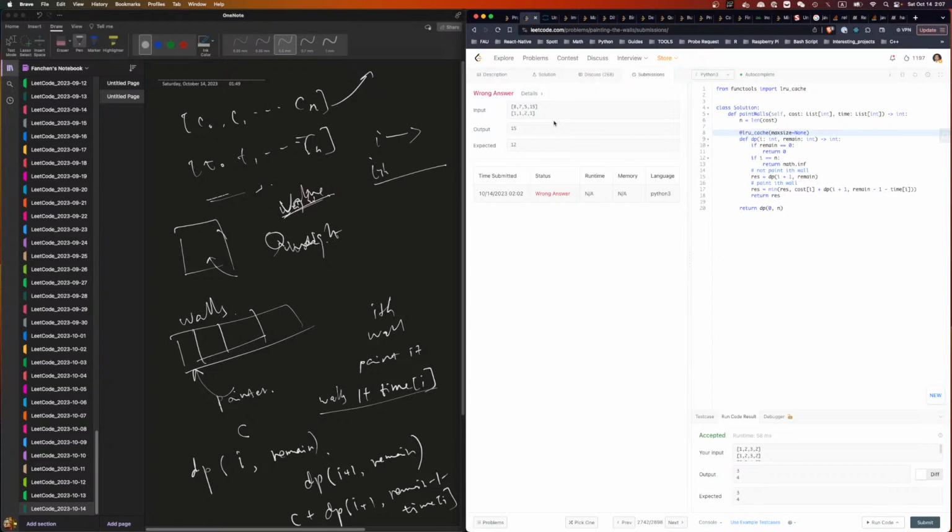There should be the minimum of this towards the end. Remaining is 4. And then I take 7. Take 7, so remaining should be 3.